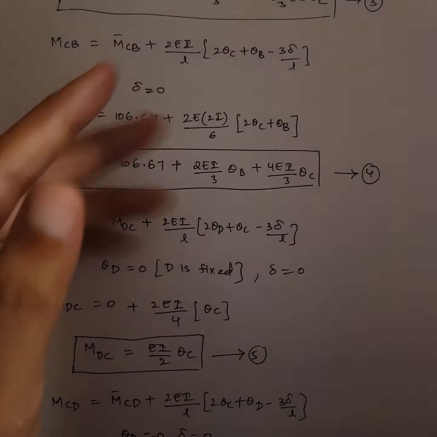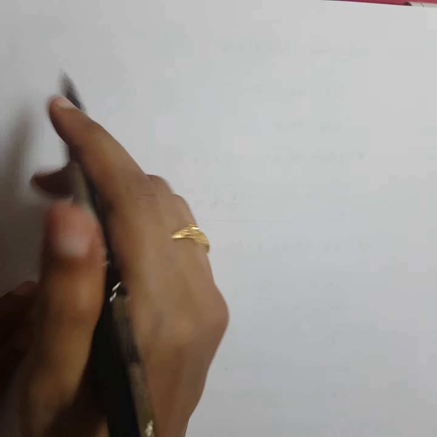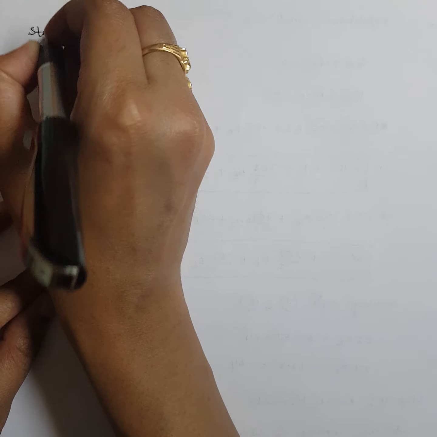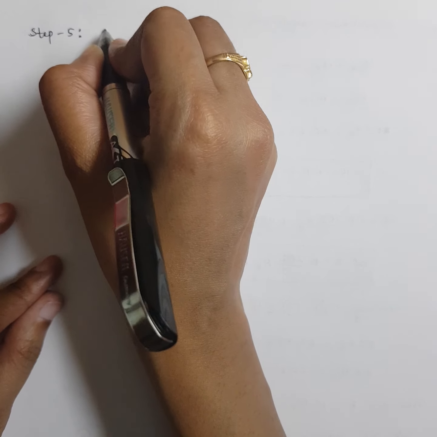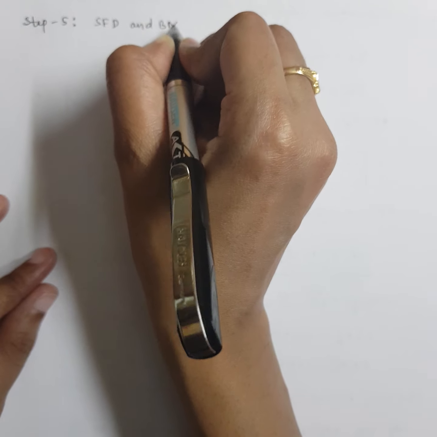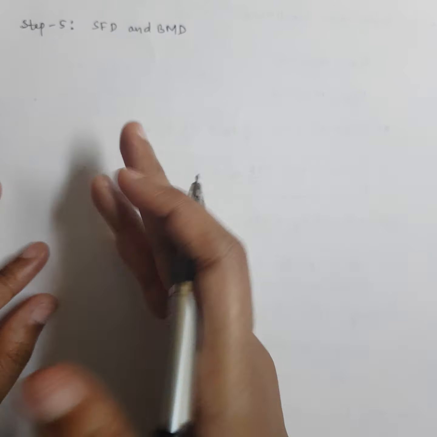Okay, so coming to our step 5. Our step 5 is about shear force diagram and bending moment diagram. Some people write this as reactions also. That's not an issue, anything you can write.